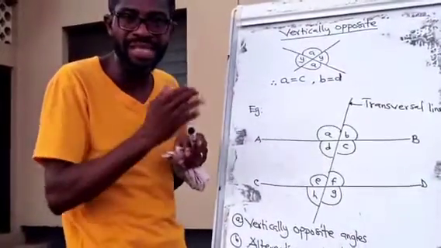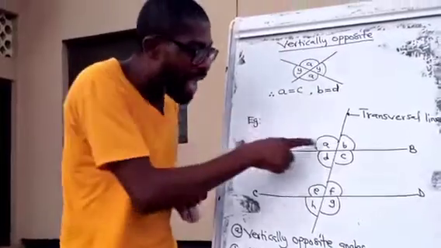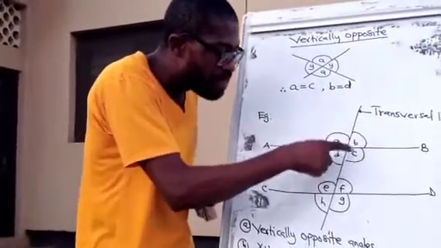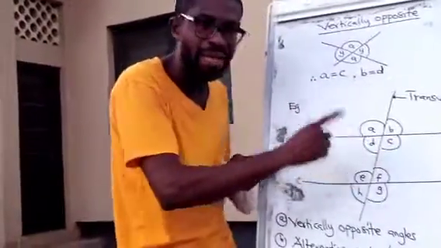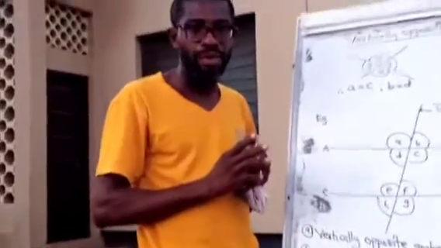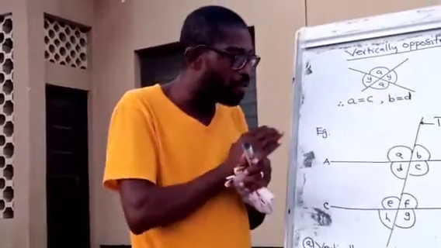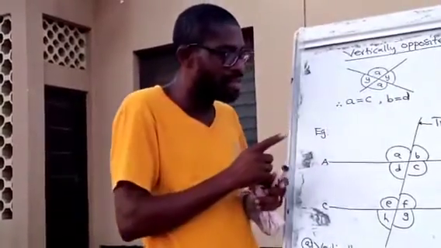We only state the reason. So if A is 40, then C is also 40. The principle is vertically opposite angles, because they are formed from the symbol of X.